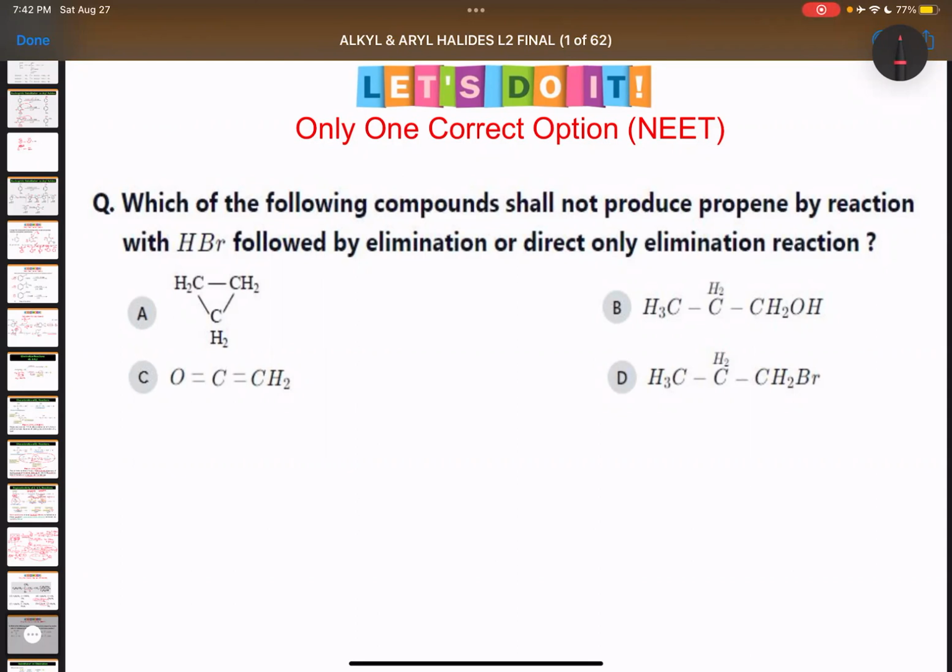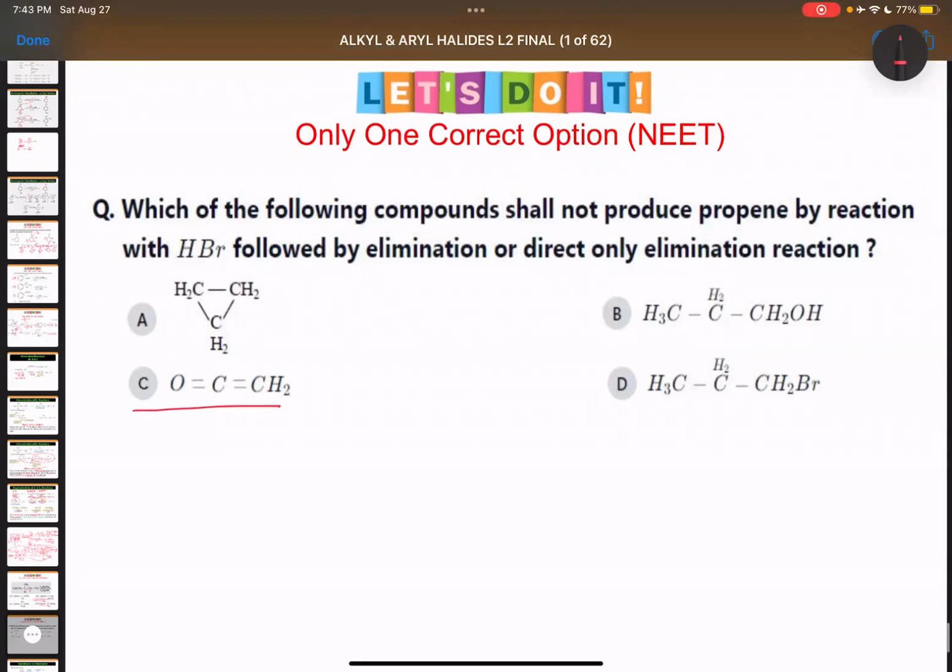C. Yeah, why C? Yeah, Z. Correct. So why is it going to be C? Which one of the following compounds shall not produce propene by reaction with HBr followed by elimination?